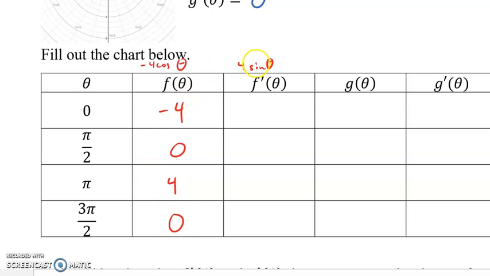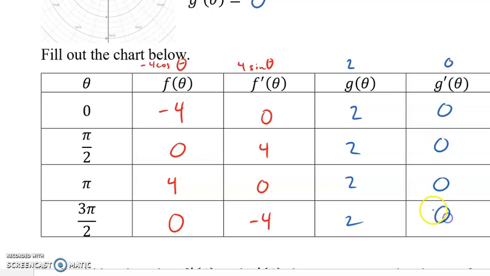And then when we took the derivative and get 4 sine theta, it'll go 0 and then up to 4 and then down to 0 and then down to -4. All right, so very similar sorts of answers here. And then g of theta was 2, right? And g prime of theta was just 0, so we'll just get 2, 2, 2, 2. And we'll get 0, 0, 0, 0. All right, so that was a little bit even faster.